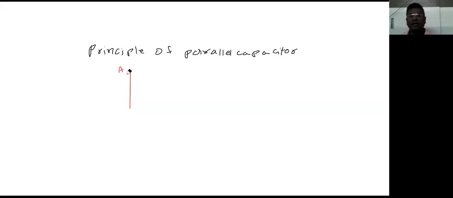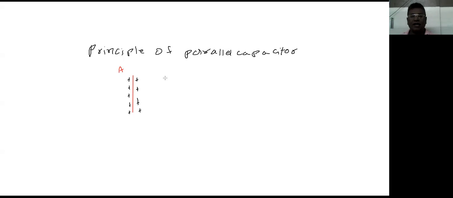We'll redraw the plate here, and let's say it is now given a positive charge. So it is a fully charged plate A. Now, if I bring another uncharged plate B near it, what happens?